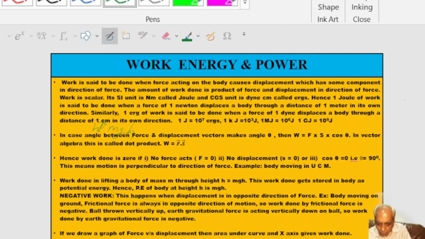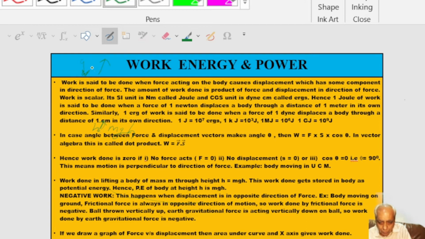Now suppose the earth is always pulling a body down. But you have thrown a ball up. Earth is pulling it down, the ball is going up. So what is the angle between the displacement and the gravity weight force? It is 180 degrees. What is cos 180? Minus 1.